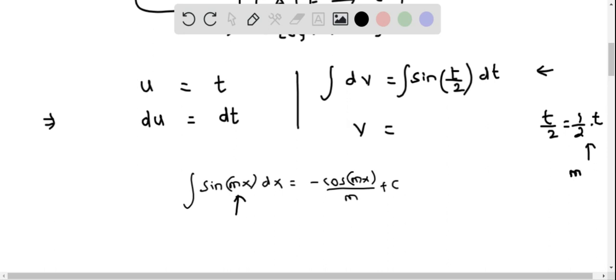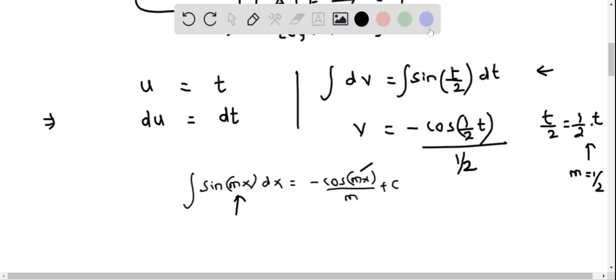Therefore m equals 1 by 2. Let me apply the formula here. The integral of sine t by 2 is negative cos of mx, where m is 1 by 2 times the variable t, and then divided by m. M equals half, so I put the half here. I'm not writing this integration constant here, so we can ignore that.